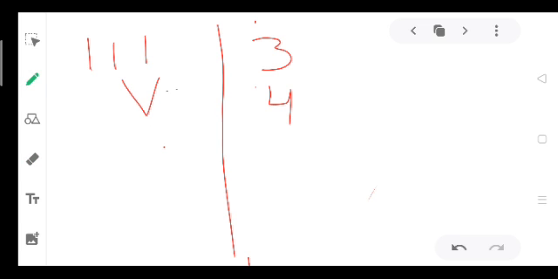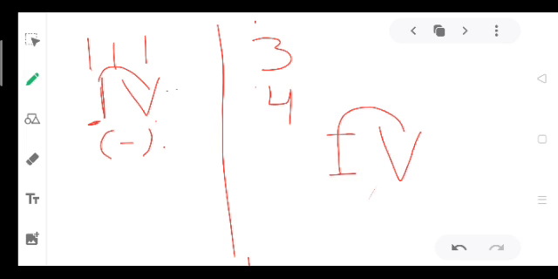V means 5, and then on its left side I. If any small Roman numeral is on the left side of a greater numeral, it shows subtraction. It means that the small numeral is subtracted from the greater one. If V is written here and on its left side a small I, it shows 5 minus 1.